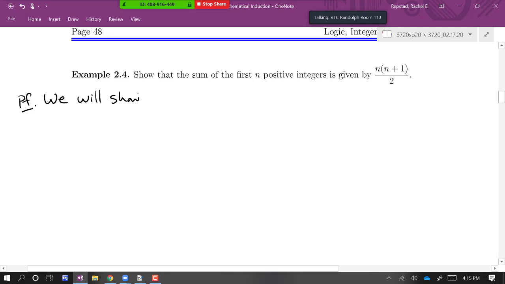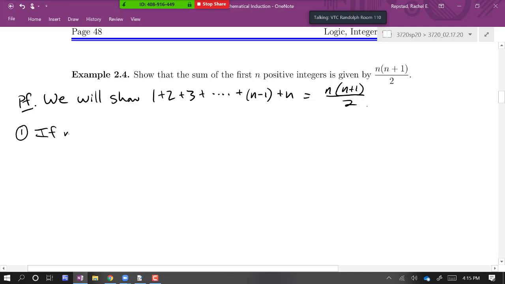The sum of the first n positive integers is 1 plus 2 plus 3 and so on, plus n minus 1 plus n, right? We're going to show that this is equal to n times n plus 1 over 2. So we've got two things to do. The first one's the fastest, the base case.